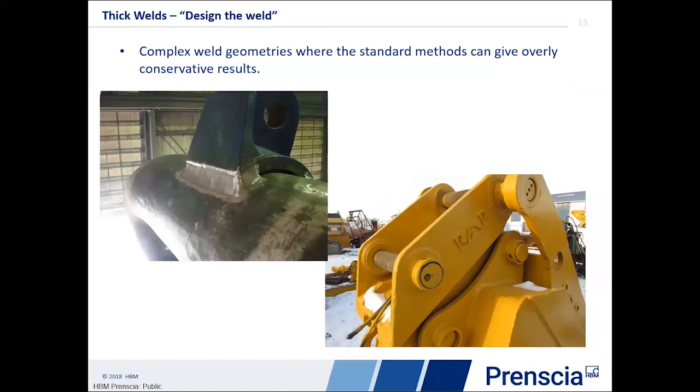I have choices in how many passes and what order of the passes I take to weld that part together. I may even have the ability to go in after the fact and grind away discontinuities or shot peen it, stress relieve it. Things like that can drastically improve the weld performance, but I don't have the ability to do that with a structural stress approach where the structural stress is a damage parameter.